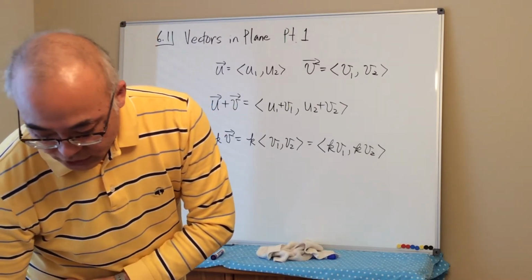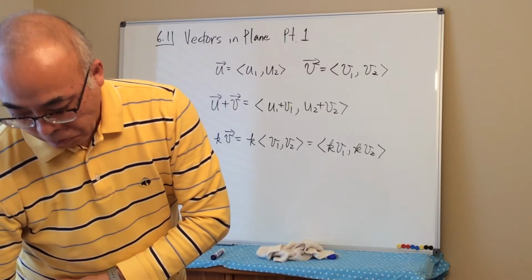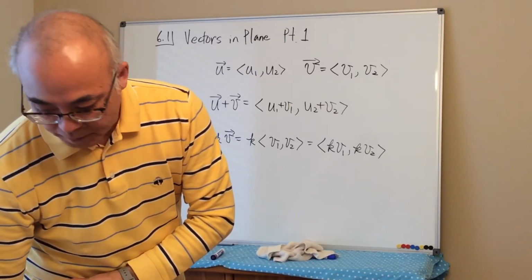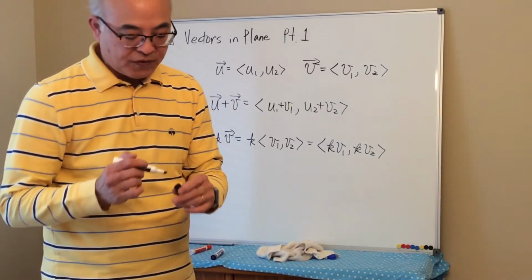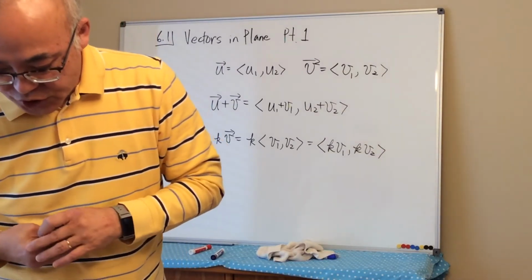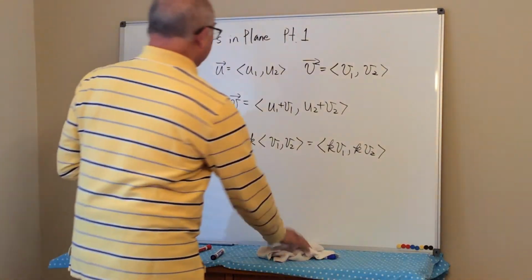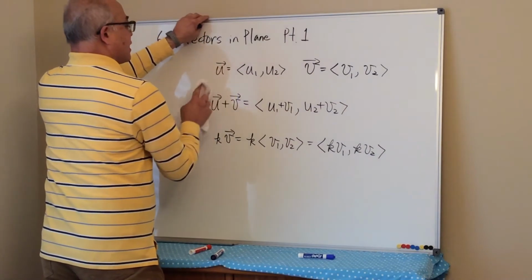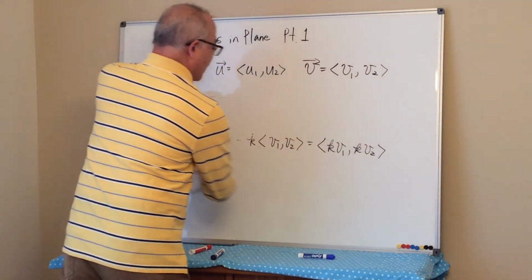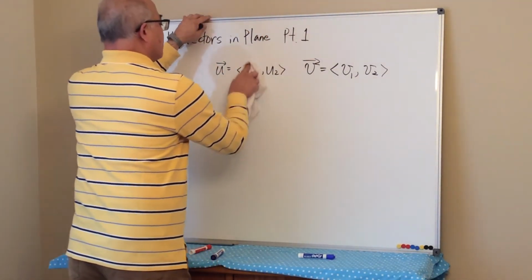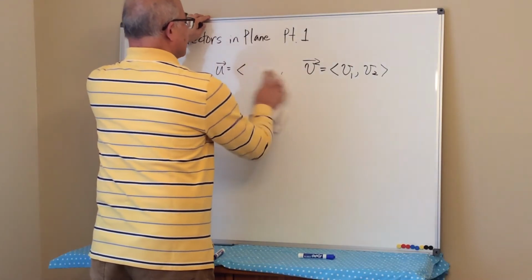On page 459, it shows you what happens when you add the vectors. So let's say that we had a vector u, and we'll actually give them some numbers now.